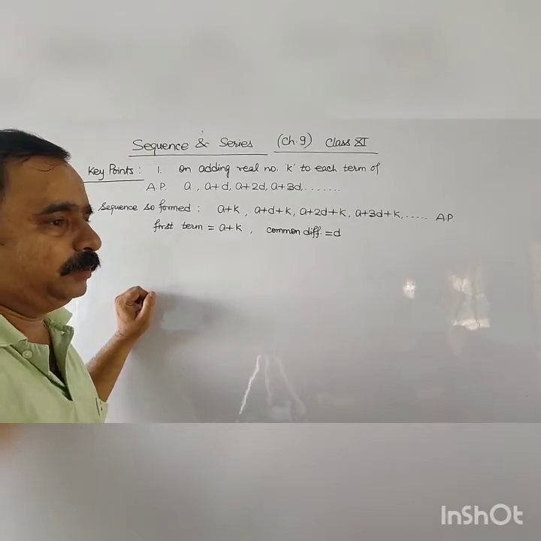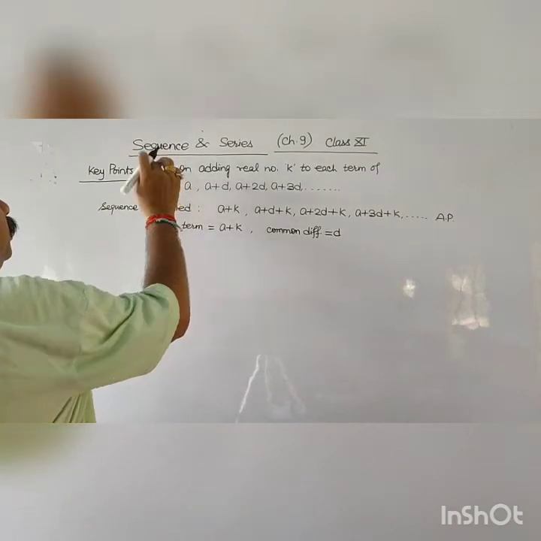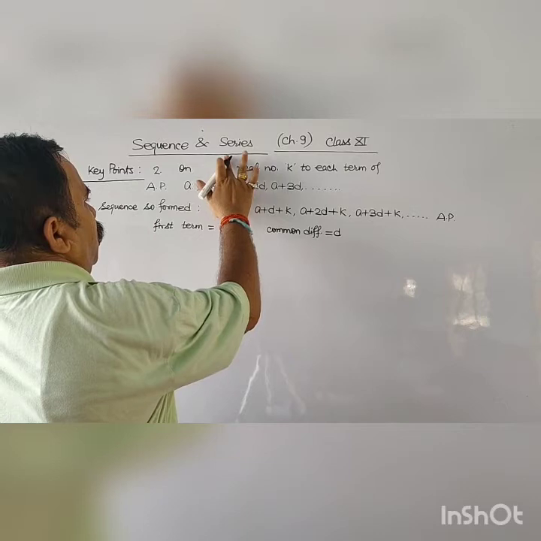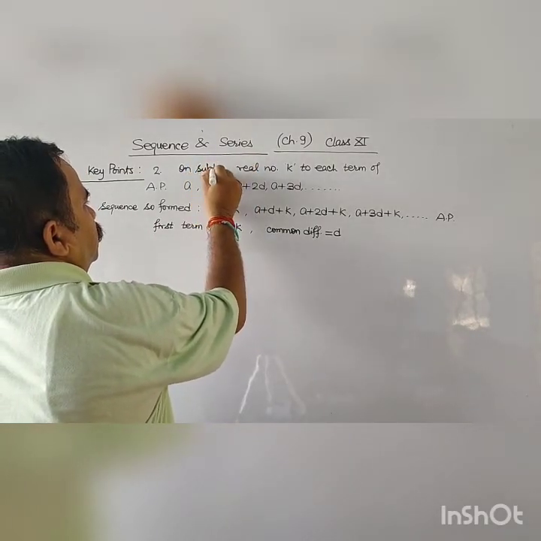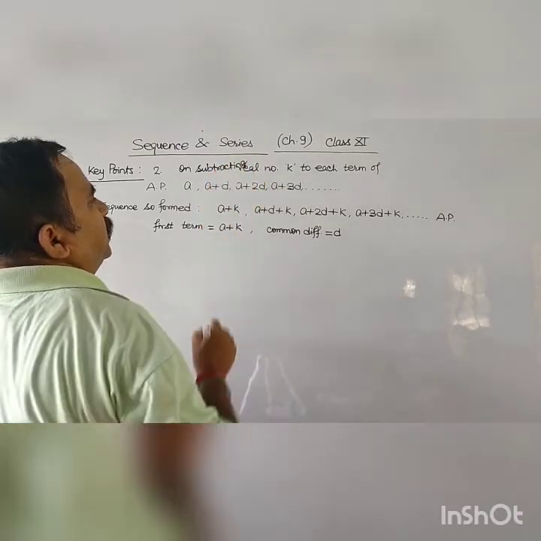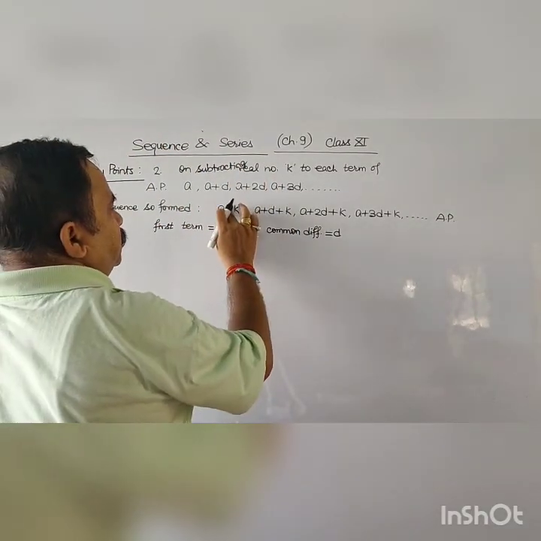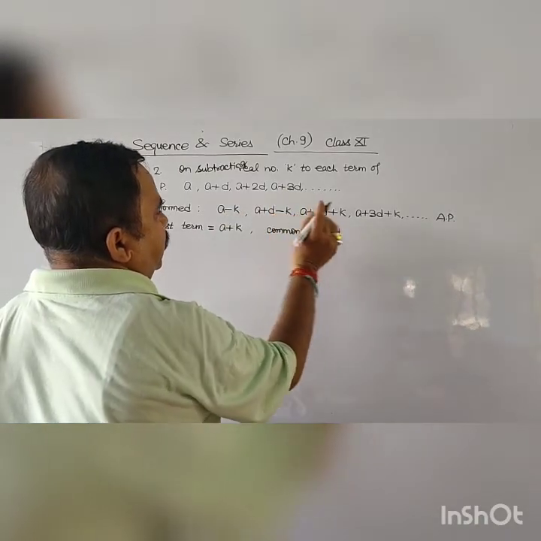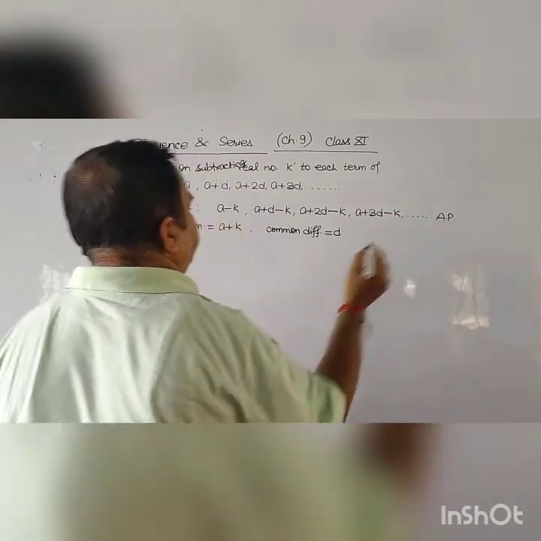Now the second key point: on subtracting a real number K from each term of an AP, the sequence so formed is also an AP.